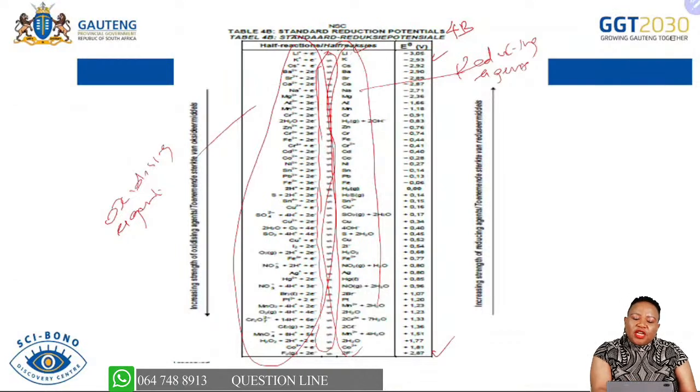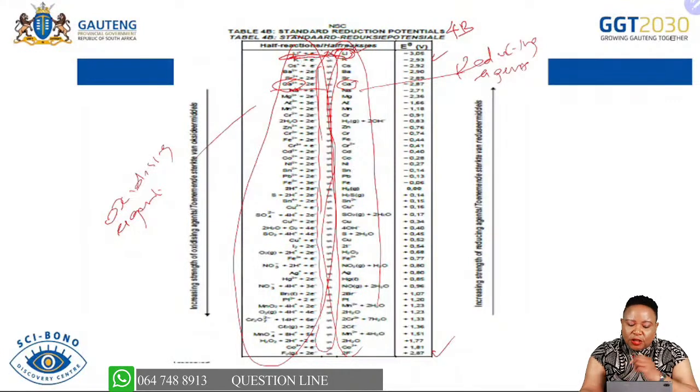Therefore, if you read this reaction from right to left, it says to you lithium has lost an electron and become lithium ion. So also calcium has lost 2 electrons and became calcium 2 plus. For calcium 2 plus to go back to calcium, it must gain electrons.